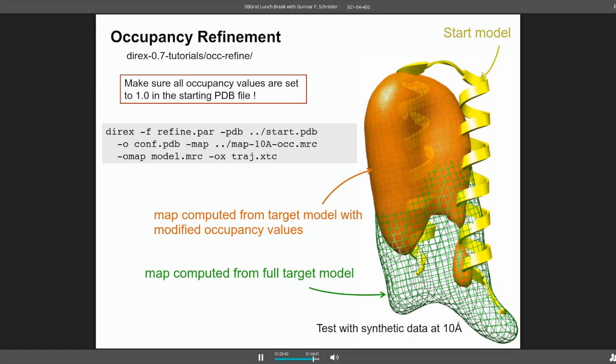Of course the entire model wants to fit into the density somehow, and this is why we implemented this occupancy refinement. This is basically something like a B-factor refinement, but we're not really applying atomic B-factors here. This is a simpler way of handling this problem: we just scale the contribution of atoms to the model density. This is why I call this occupancy refinement, because it's much closer to what occupancy refinement does.